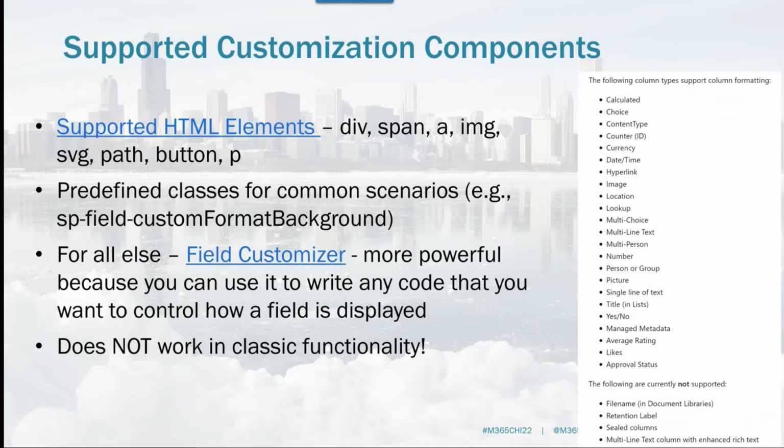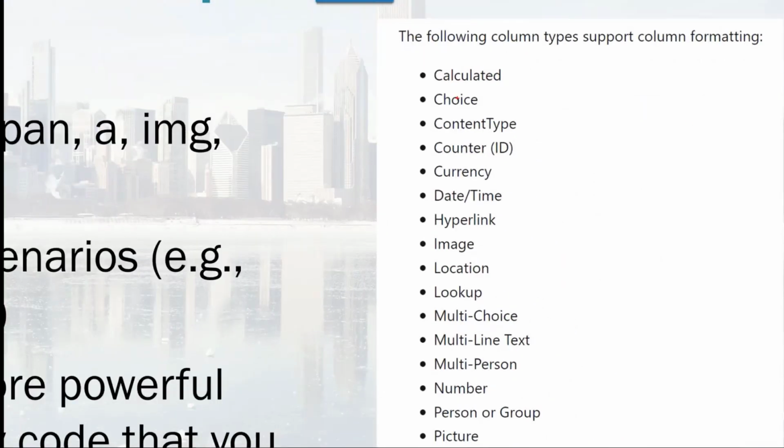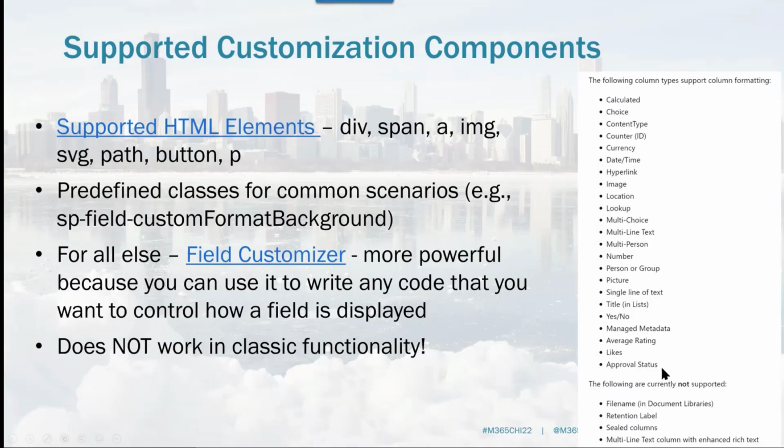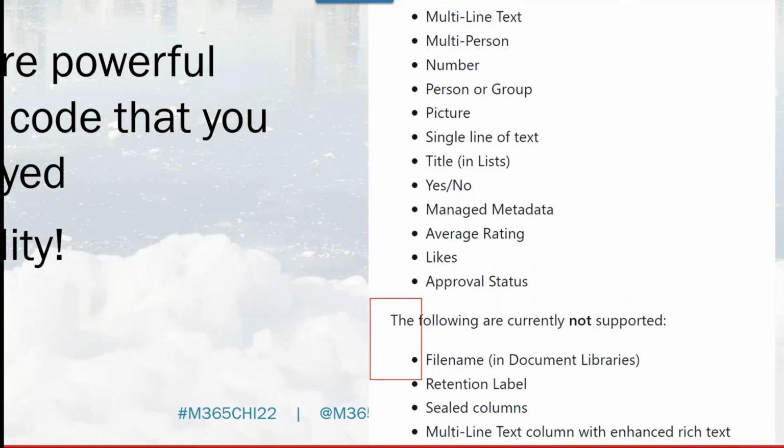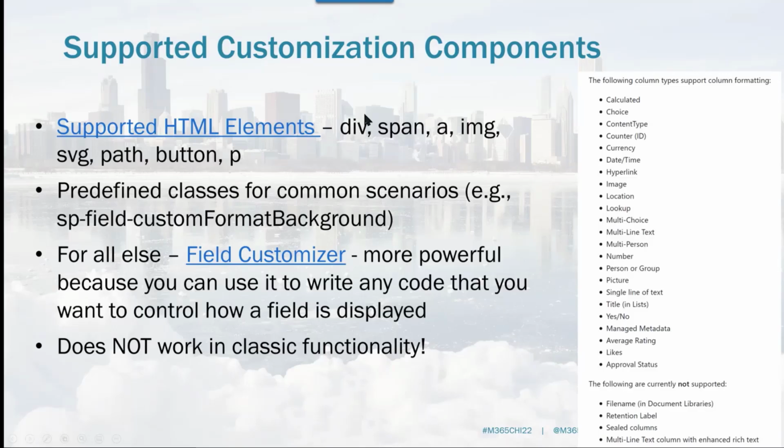Okay, so what are some supported customization components? I don't want to go into all of these. You get the presentation, but those columns on the right-hand side are supported for column formatting. All of these different types. These are not supported right now. Hopefully will be soon. Right? And then within your JSON, you can go and customize the div, span, A. Again, more if you know CSS and HTML.